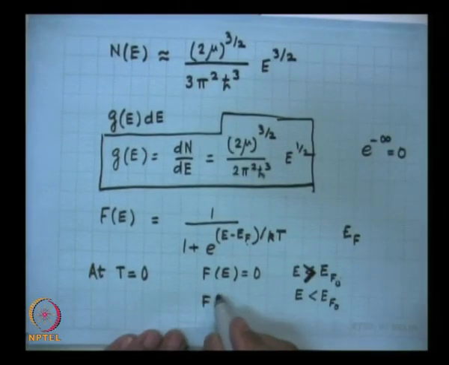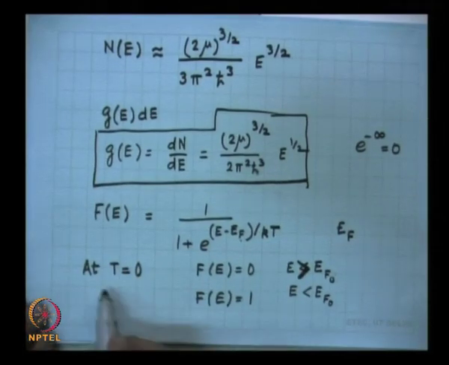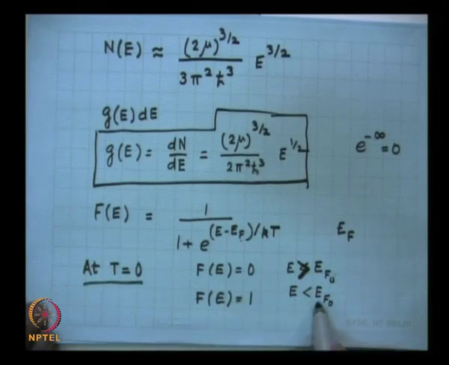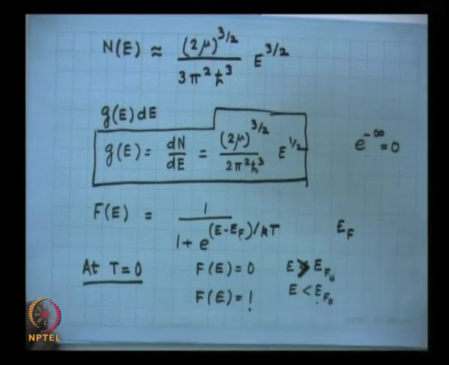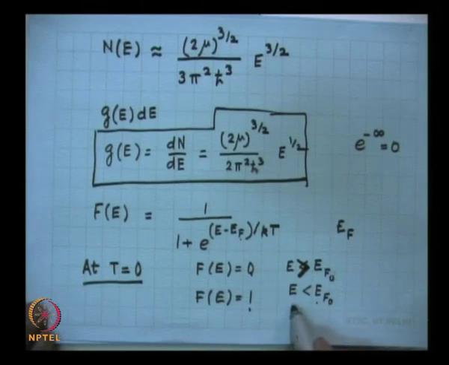So, f of E is 1 over 1, which is 1. Therefore, at absolute 0, all the states below the Fermi energy are occupied, and all the states above the Fermi energy are unoccupied. The probability of occupation is 0 above, and for all energy states for which the energy is less than E f 0, the probability of occupation is 1.